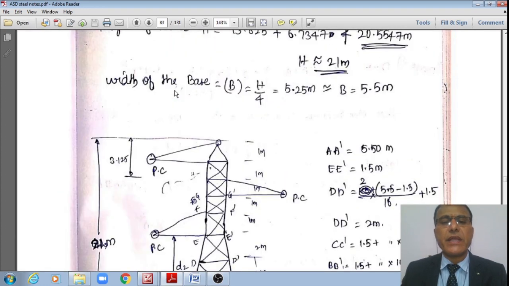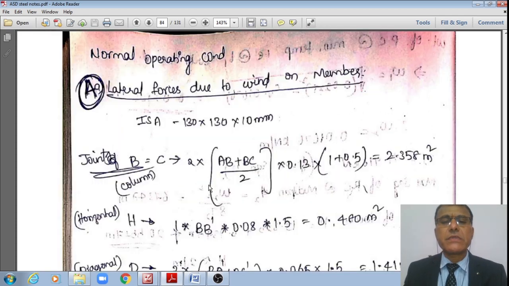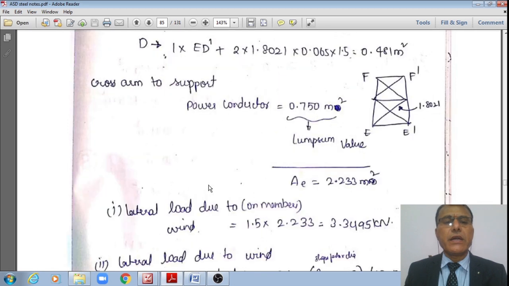This is E, and this is what is called F, where the power conductor is also there, and next G where the power conductor is also there. Therefore, these diagonals and these columns, as we already discussed.